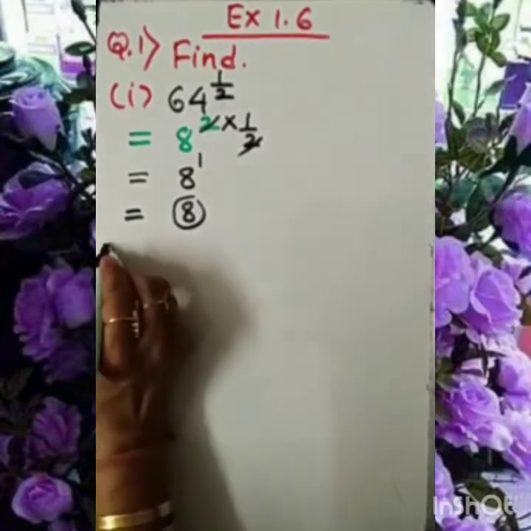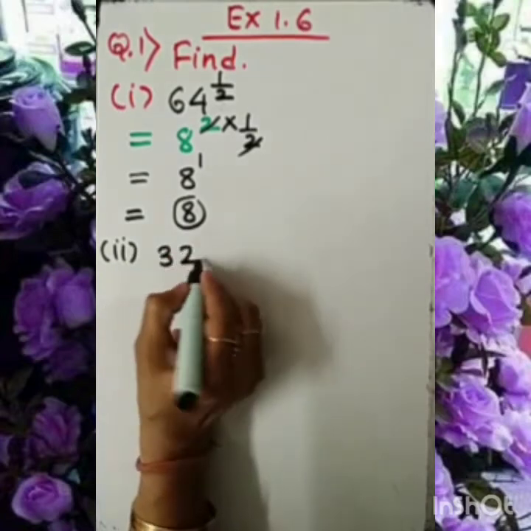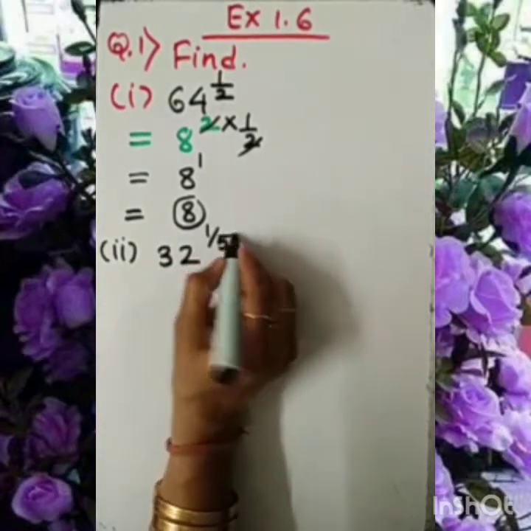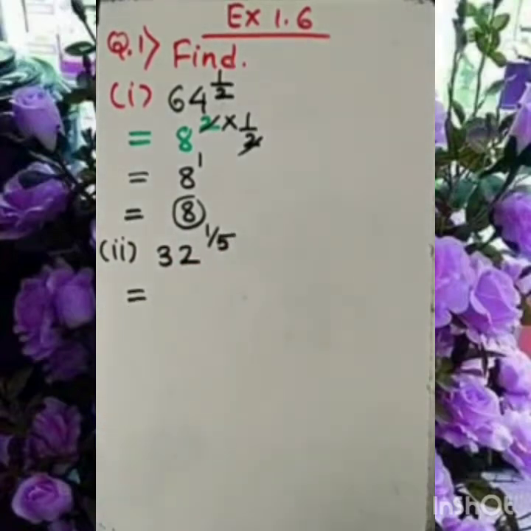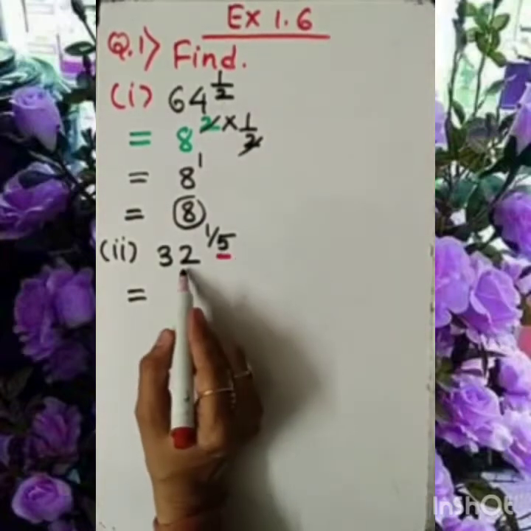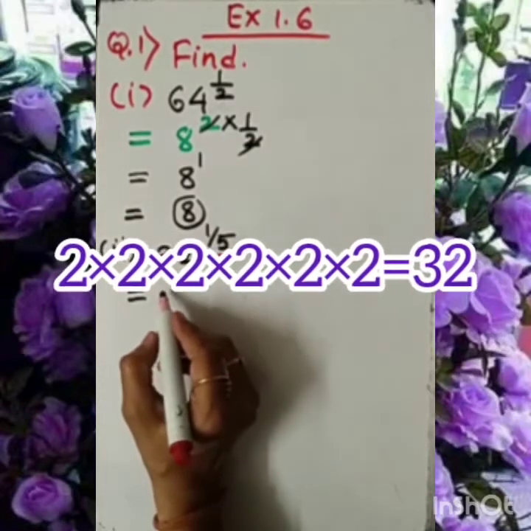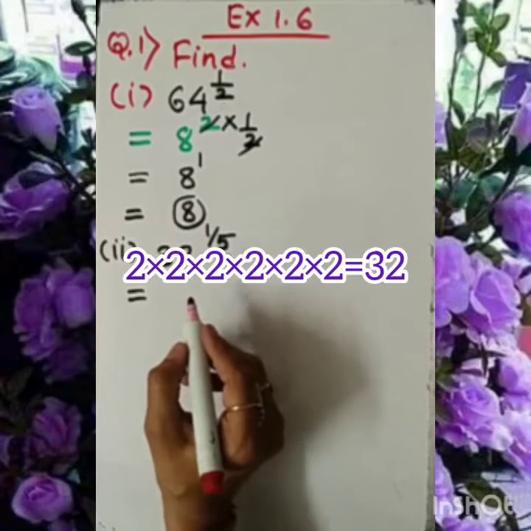Okay, let's try to understand the second also. 32 is having 1 by 5 power, 1/5 power. Okay, now focus on the power. The power is here 5. So is there any possibility to write 32 in the power of 5? Yes, of course, we can say 2 into 2 into 2 into 2 into 2.